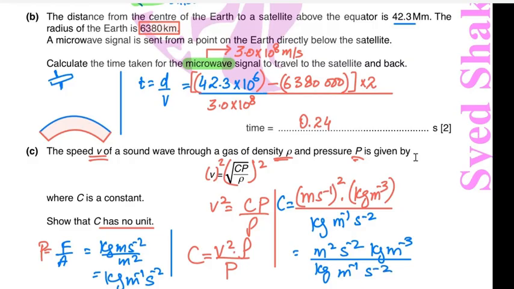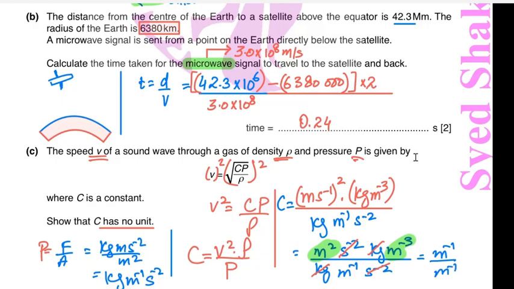Simplifying it, kg will get cancelled with kg, s power minus 2 will get cancelled with s power minus 2, and m power 2 with m power minus 3 will make m power minus 1 over m power minus 1.